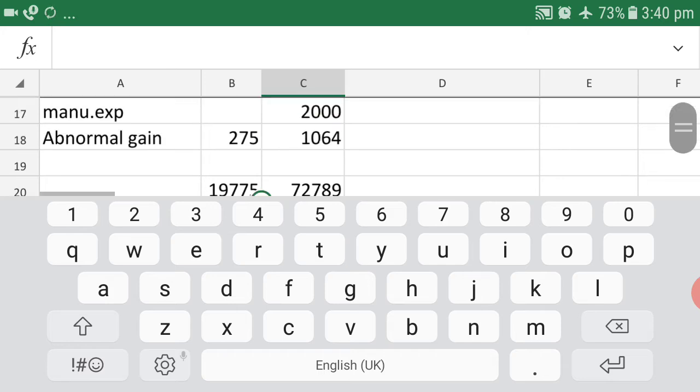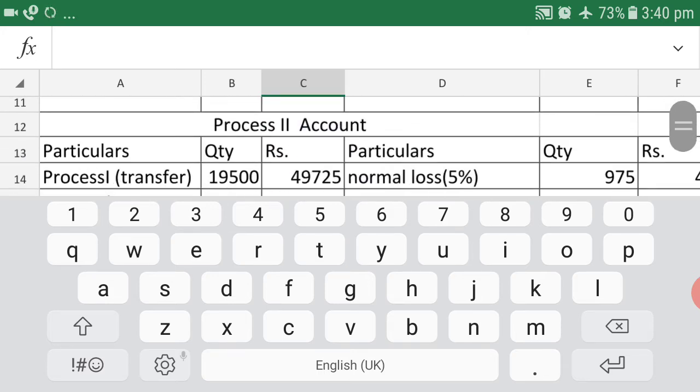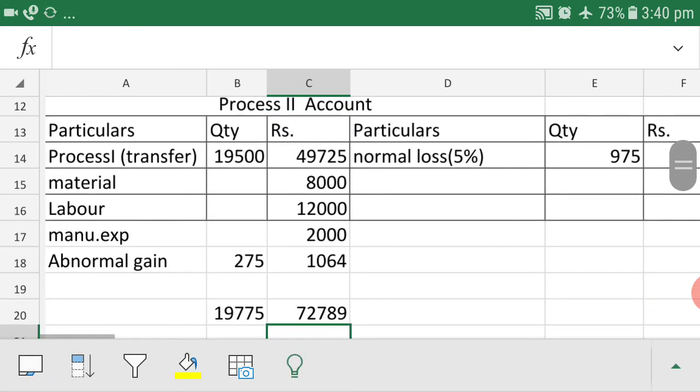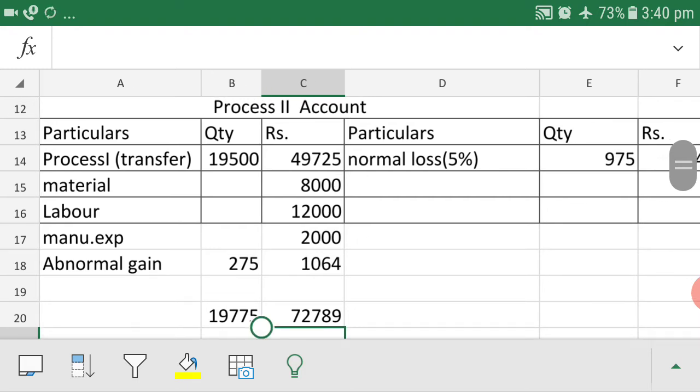This is the debit side of the process 2 account.